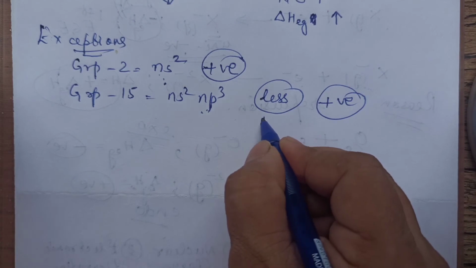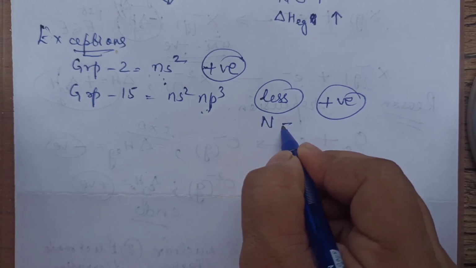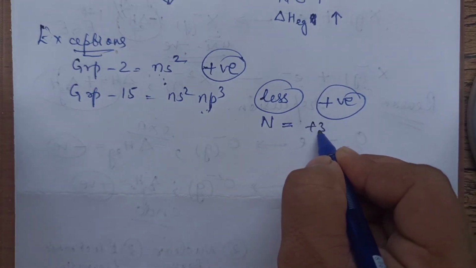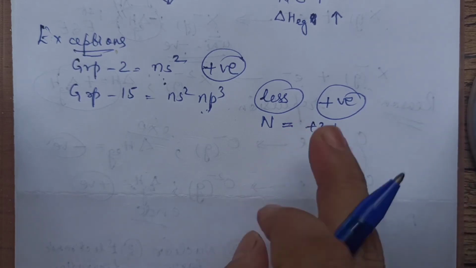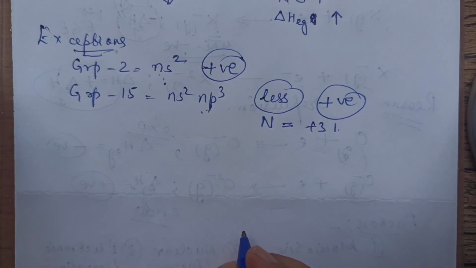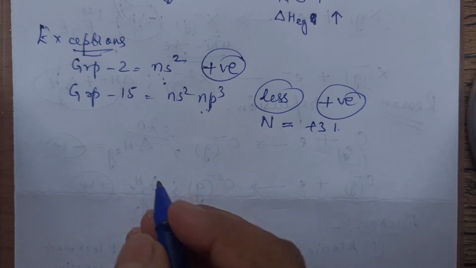Like the example of nitrogen. Nitrogen electron gain enthalpy is plus 31. Right? Plus 31, so it is positive. Why is it positive? Because it has a half-filled configuration. For others, there are various other factors also acting in the same group. You will find negative values also in the same group, but they will be less negative. That means we can say that they have lower electron gain enthalpy.